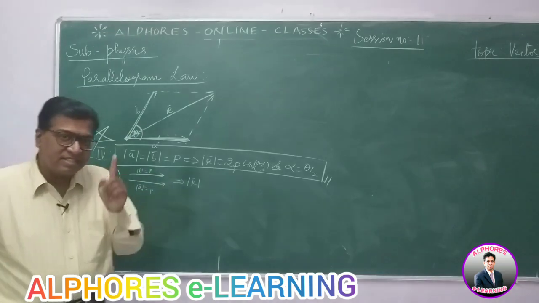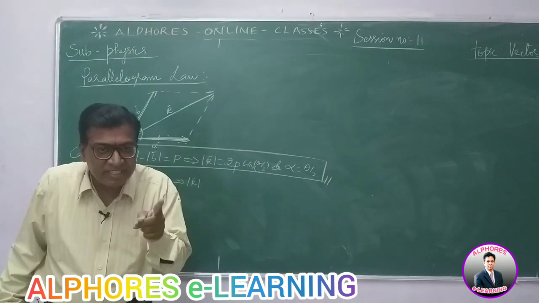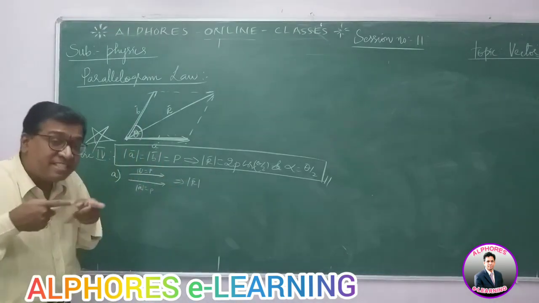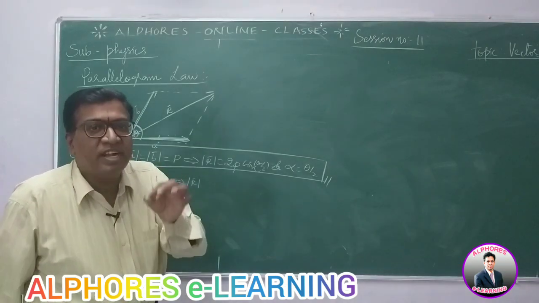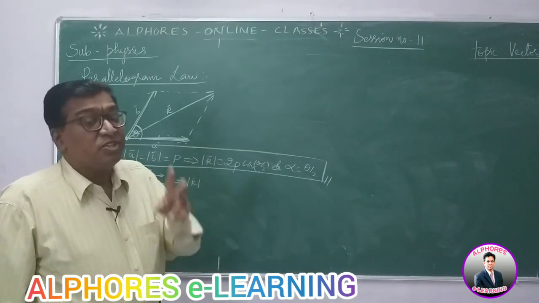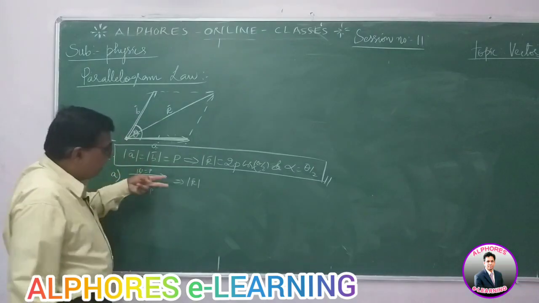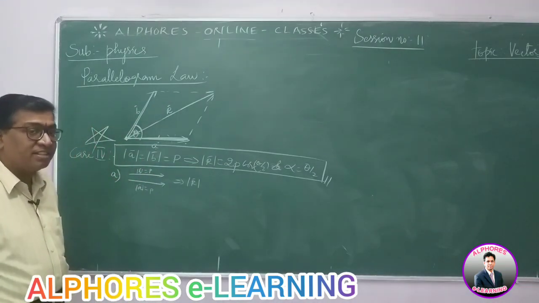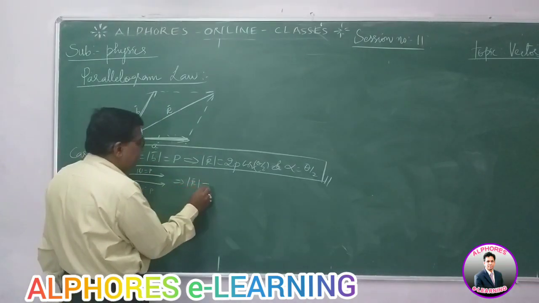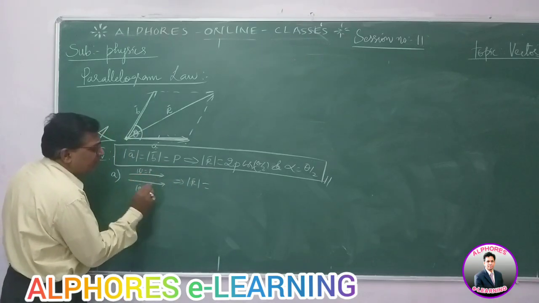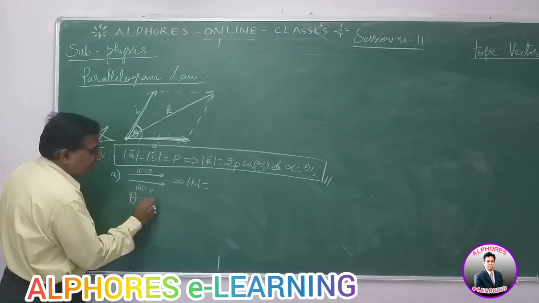These two are similar vectors, same unit, same magnitude and same direction. They are called equal vectors. They are parallel, in the same direction, so the angle theta is 0.